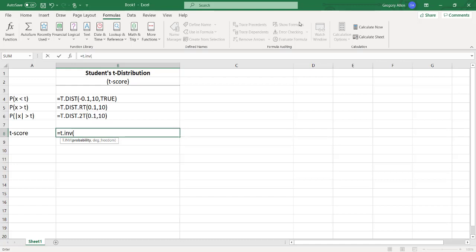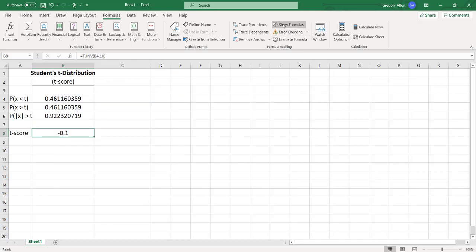So here, if I give it a probability, let's say, I want to test this. So what I'm going to do is give it this probability that we calculated up here, and I'm going to give it the same number of degrees of freedom. And now when I go back to the output view, this should give me negative 0.1.